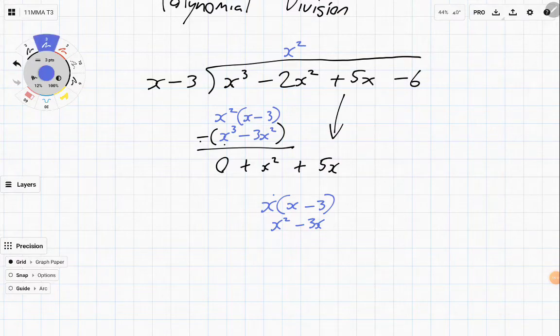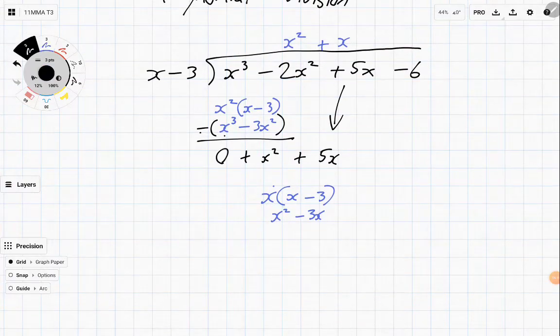And since x was my divisor, I'm going to put plus x up the top. Now here, I'm going to go x squared minus x squared, 0, that's the whole point. 5x minus minus 3x, well, that's actually going to be 8x. Bring the minus 6 down.